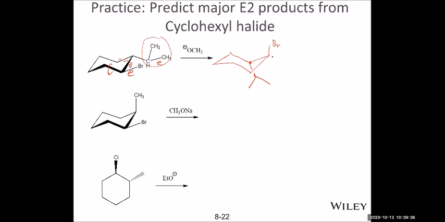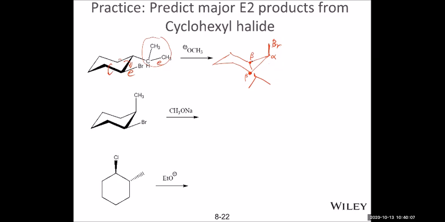So which beta position has a hydrogen that can be eliminated? This is the alpha carbon. Here's one beta, here's another beta, because in the ring structure there are two beta carbons available. The bromine is here, and to eliminate, the beta hydrogen has to be anti-coplanar.